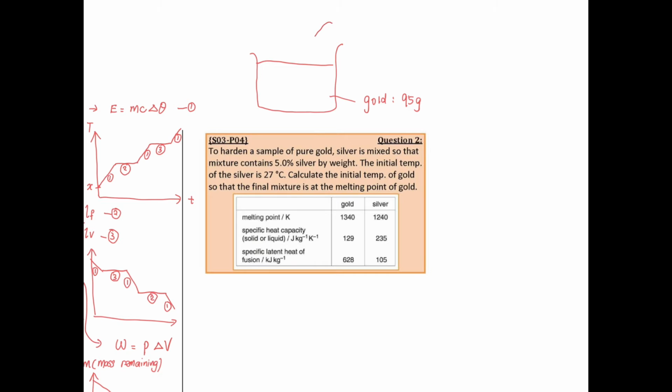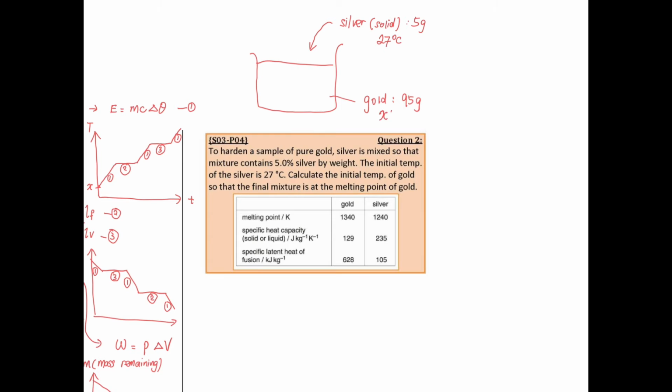So now I add silver. Silver at 27 degrees Celsius is solid. So I add 5 gram, 27 degrees Celsius, into the 95 gram of gold. So what is the temperature of this?